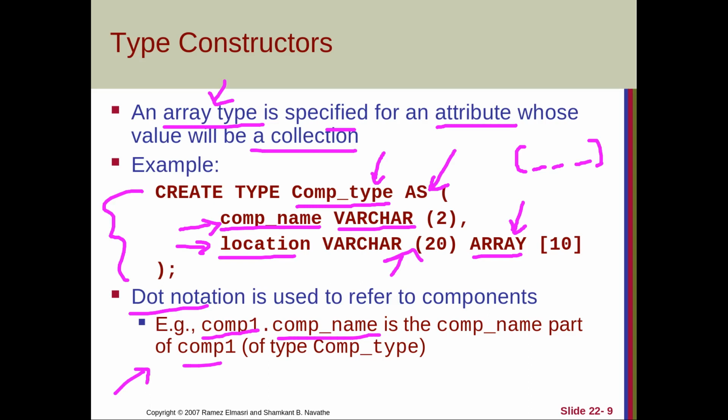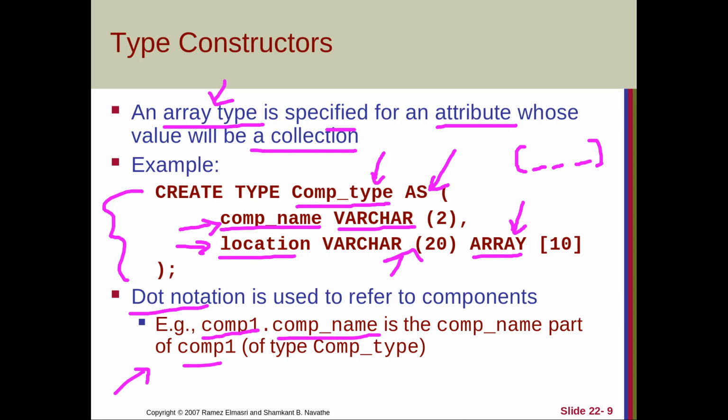Here we are creating a new type by specifying create type name as default row. Then within parenthesis, attribute 1 type size, comma, attribute 2 type size, comma, attribute 3 type size, comma, up to n number of attributes.